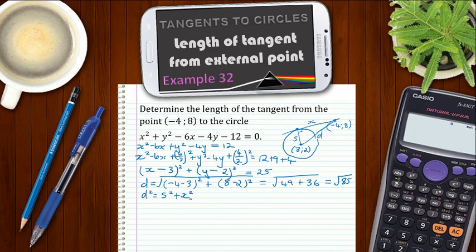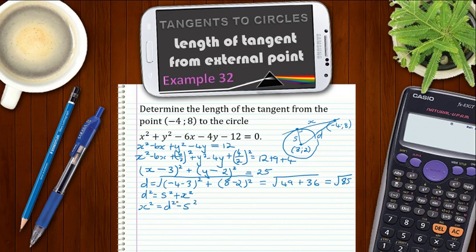So I want to find x. That means to find x, I'm going to take the 5 squared to the other side, and it becomes distance squared minus 5 squared.